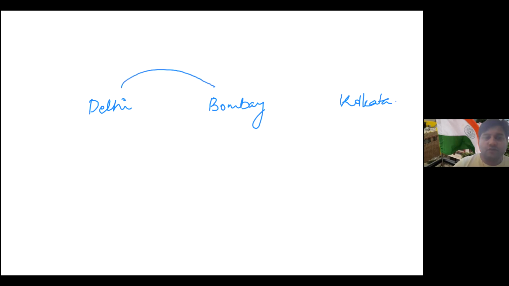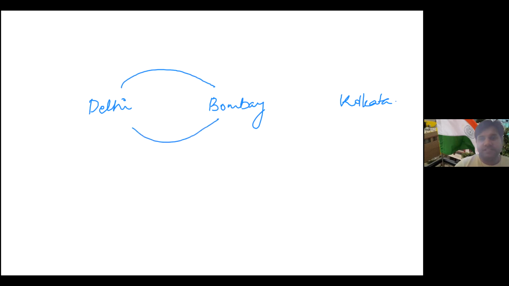So for example, let's say there is this place, let's call it Delhi. Then there is another place, let's call it Bombay. And then there is a third place, let's call it Kolkata. Now say from Delhi to Bombay, there are only two flights.